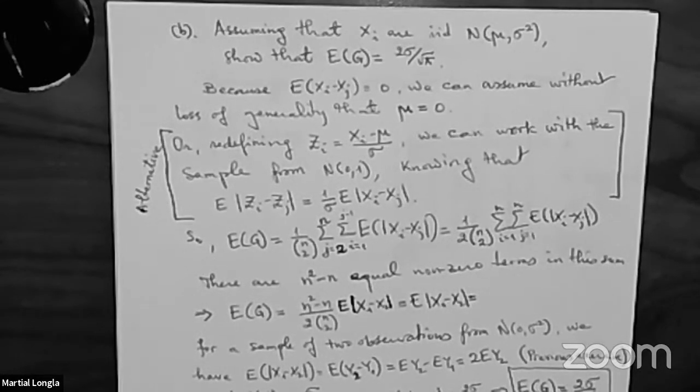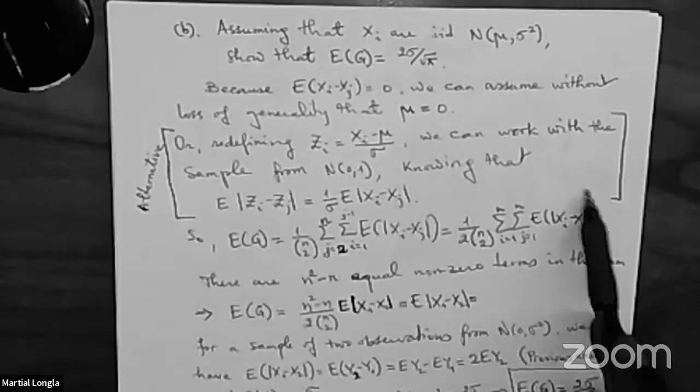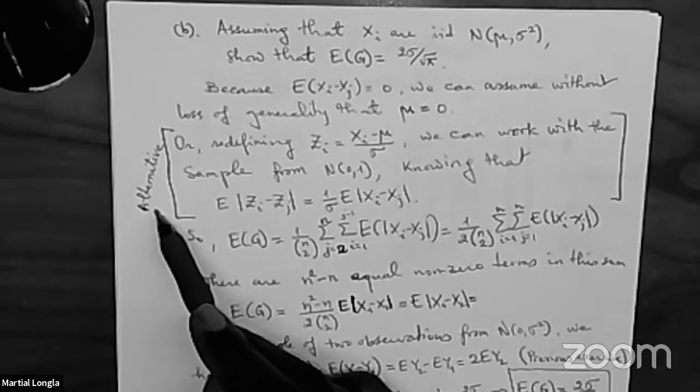In the next part, they ask you, when the xi's are IID from the normal distribution with mean mu and variance sigma squared, show that the expected value of j is equal to 2 sigma over square root of pi. And then I wrote something here, and then I wrote an alternative.